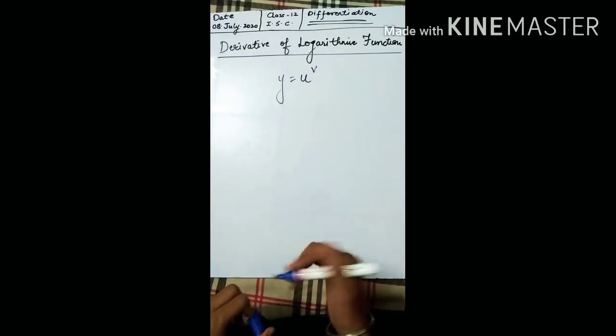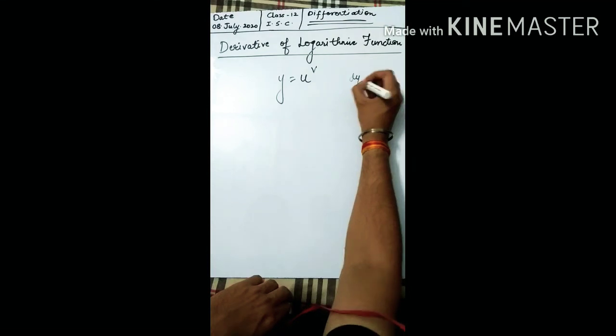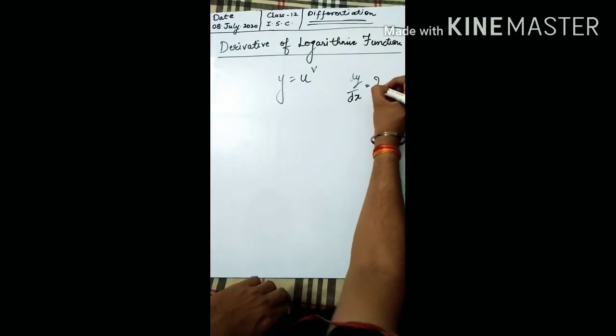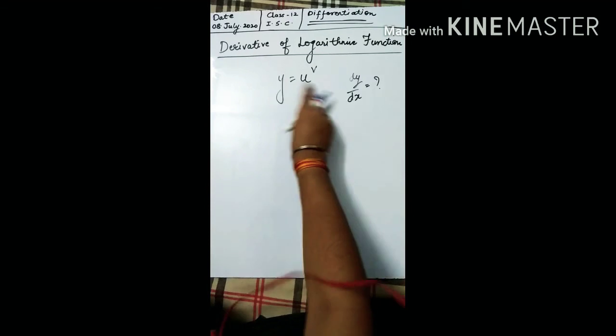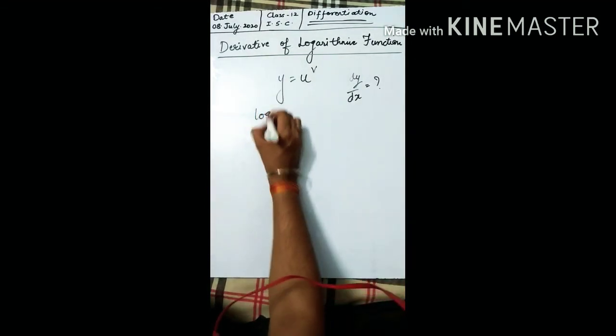That means we need to find dy/dx. So for solving this, we need to just take log on both sides.